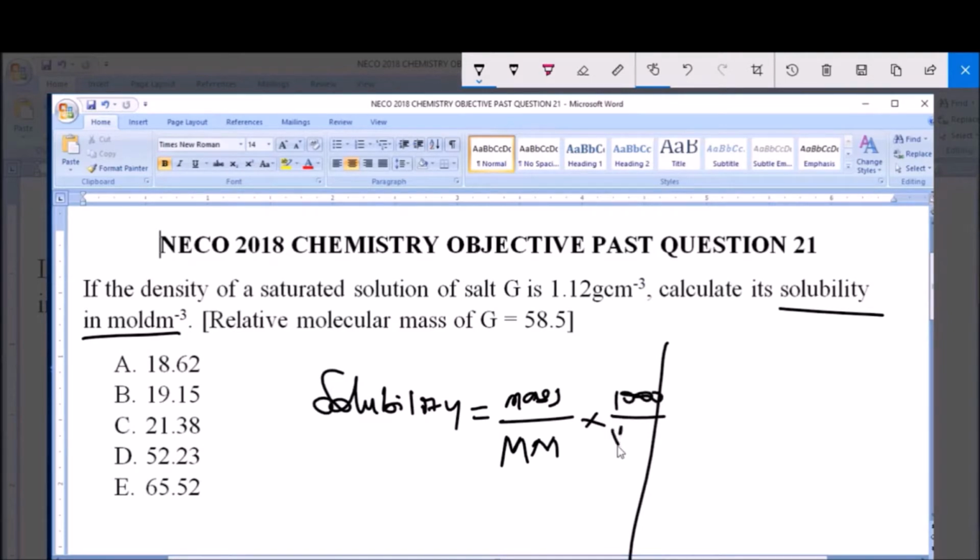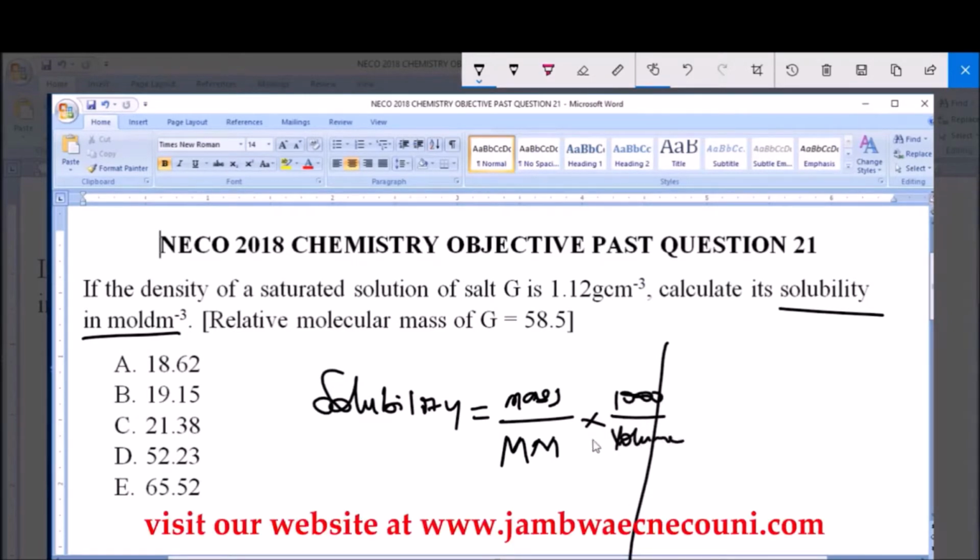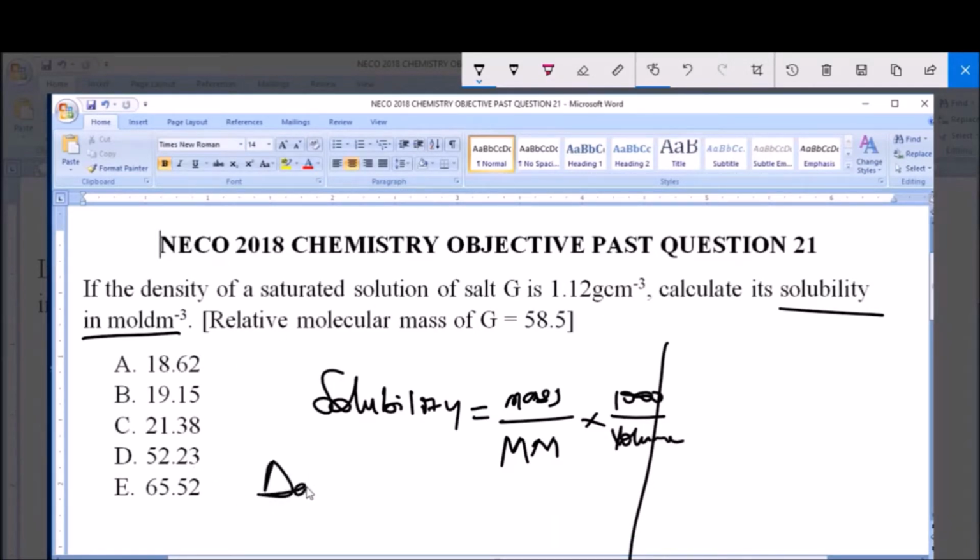Let's call it volume, V. But now the question says that the density of this salt is equal to 1.12 gram per cm cube. Now this is the density of the salt.